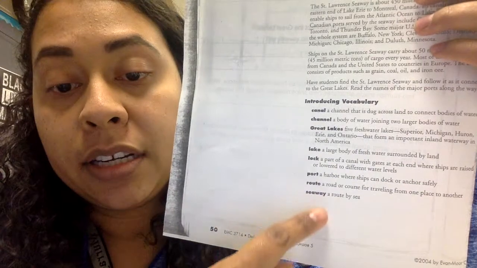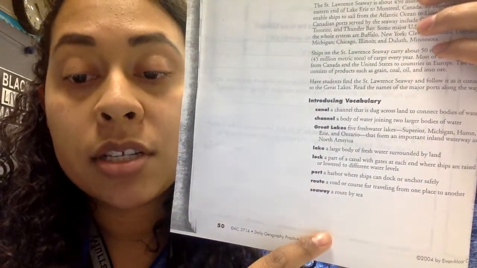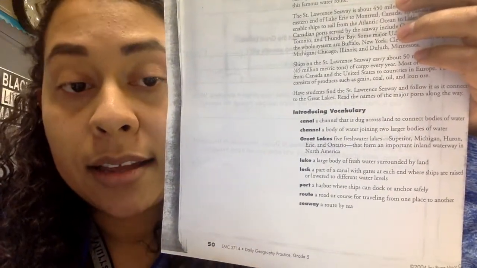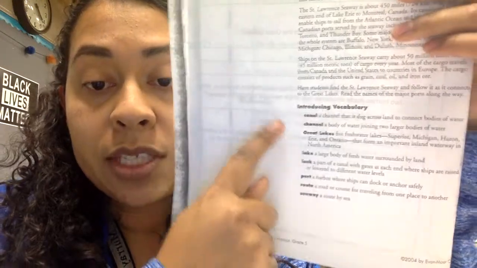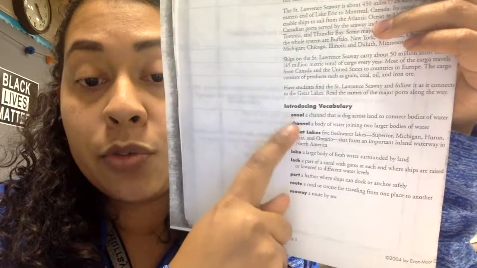Okay, so if I'm looking over here, I want you to look at the vocabulary and find 2 vocabulary words that would help to do that, as described in Friday number 2. 2 human-made structures that help ships navigate through a seaway. So they help move through a seaway. So which 2 of these are those that are human-made? And name those 2 vocabulary words under Friday number 2. And that is all of our daily geography for this week.